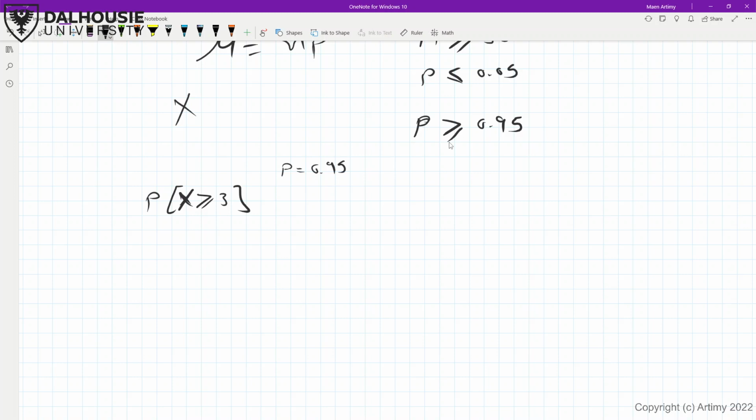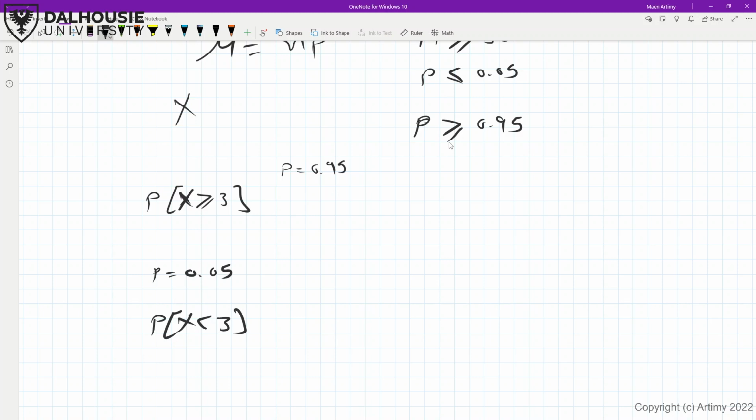So what is the probability of having more than 3 packets arriving in 1 minute with a probability of success of 0.95? I can convert it by saying, what is the probability of having less than 3 failures, where p is now the probability of failure, 0.05?